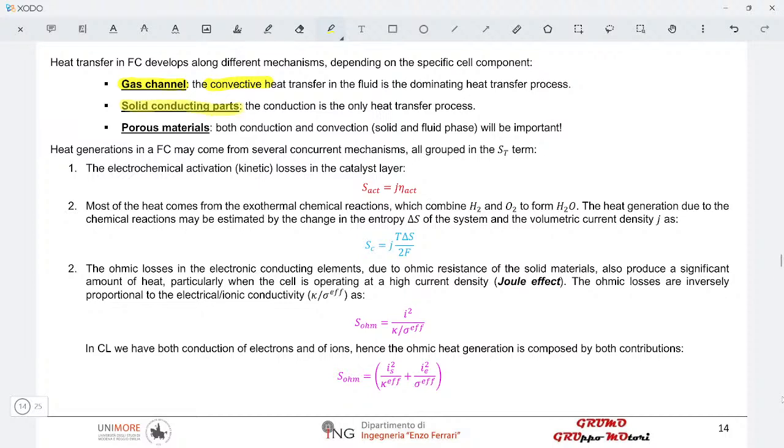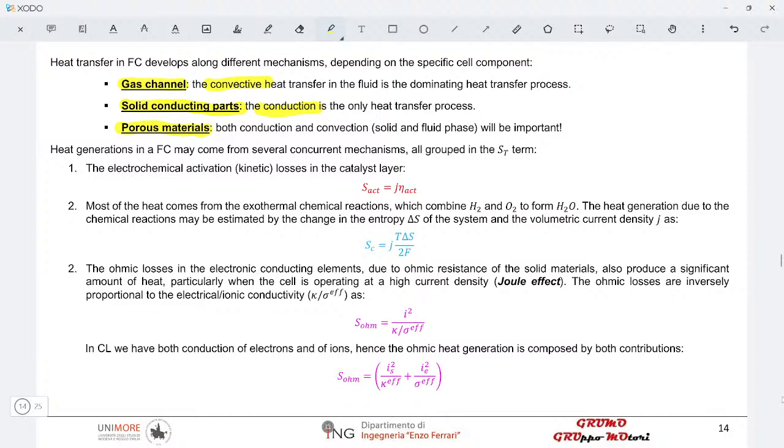In the solid regions, so membrane and bipolar plate, it will be a conduction heat transfer. And in porous materials, we will have both: convective within the void spaces where the flow develops, and conductive through the solid fibers.